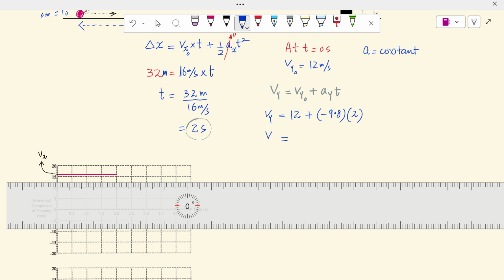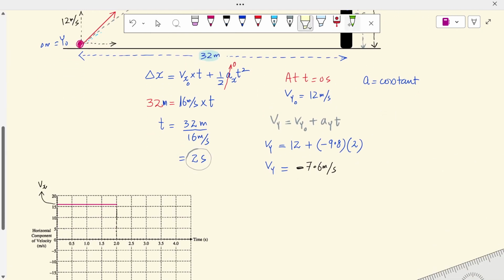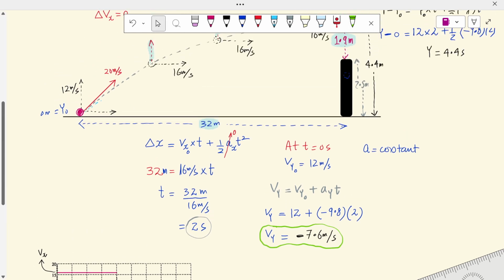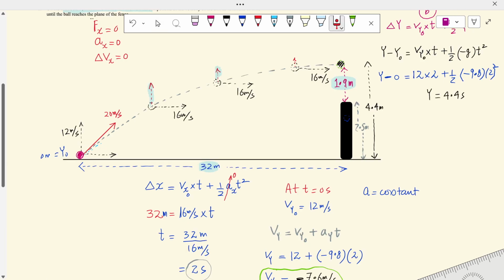So that answer is negative 7.6 meters per second. So students, let's review our diagram again. If this answer is negative, what does it mean? It means that at 2 seconds, the object is in fact falling down, not still going up. So our trajectory of the ball can be like this.